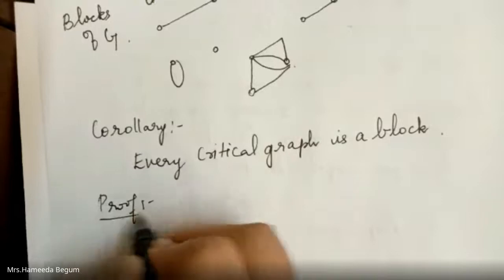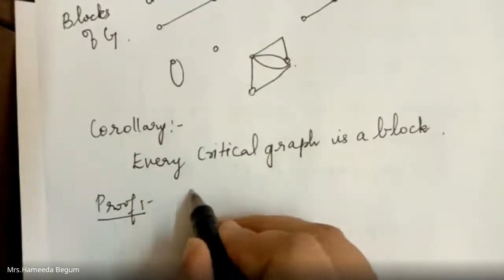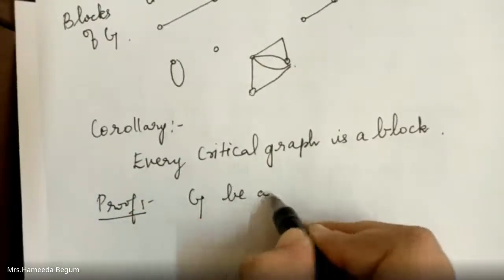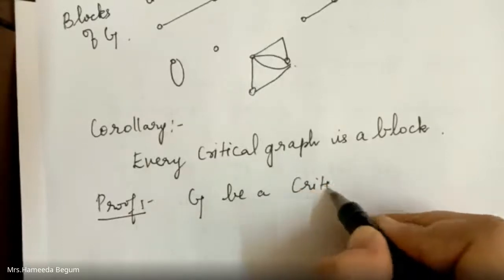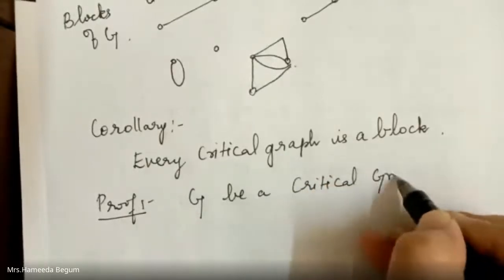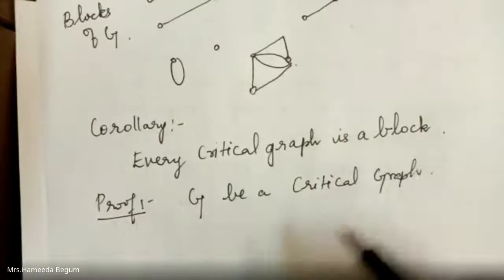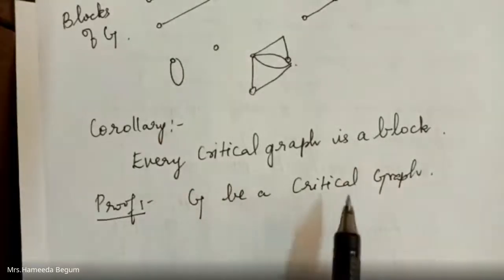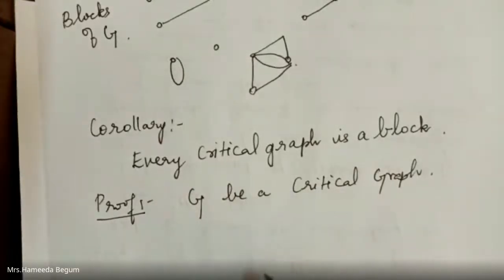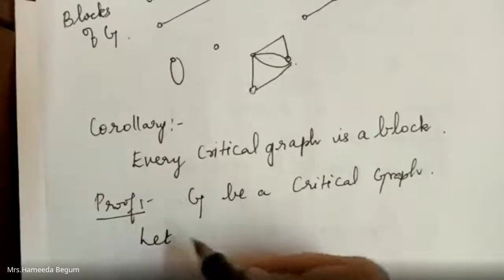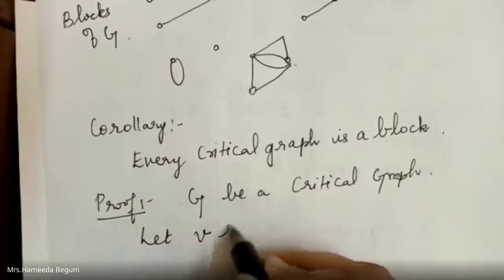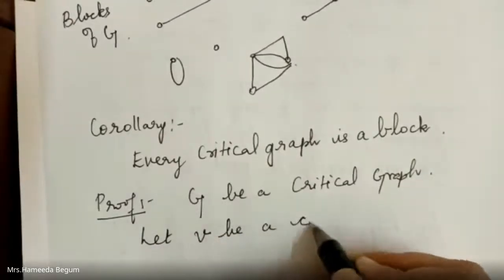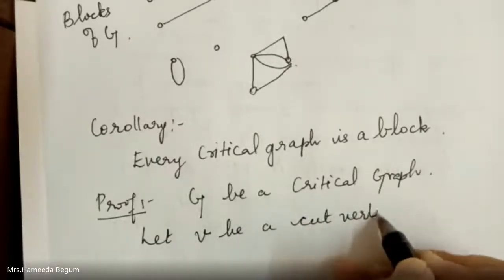First let us consider a critical graph. Let G be a critical graph. Now we have to prove that this G is a block. So for that we should have a cut vertex. Let V be a cut vertex.